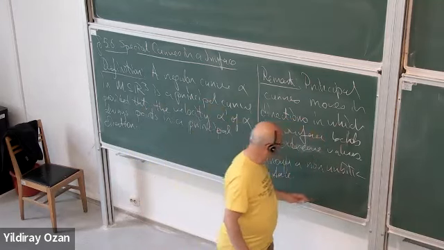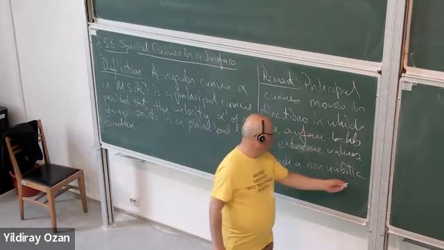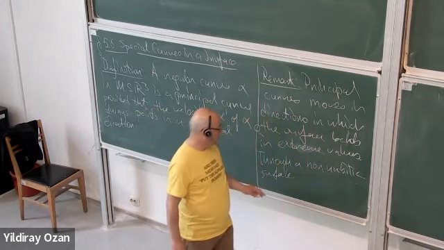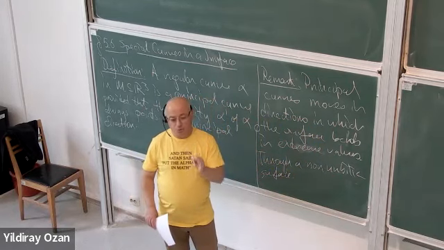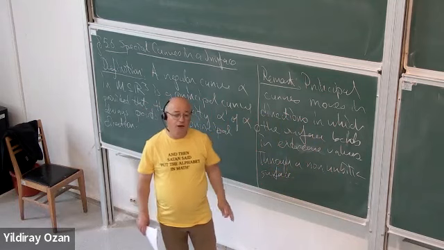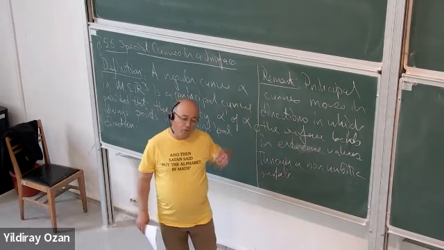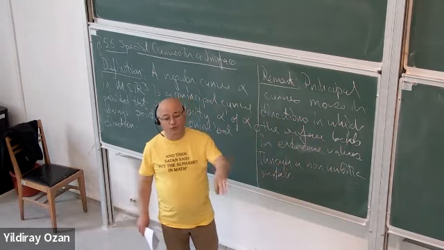But if your surface is non-umbilic, it means at all points you have two principal directions. Therefore, your curve goes along one of these directions.